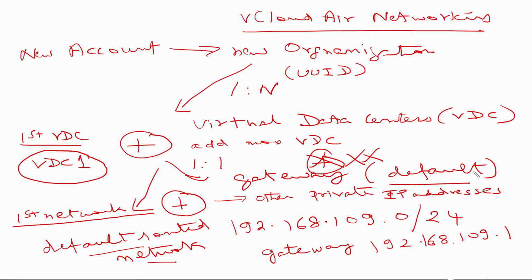Okay, so let's look at this from a visual perspective. So I am going to delete this, and we're going to start again, whiteboarding this from a visual perspective. So you have the org, and it has a UUID.